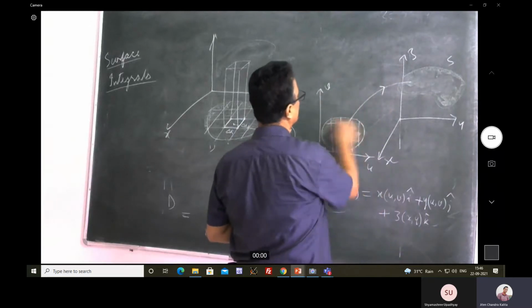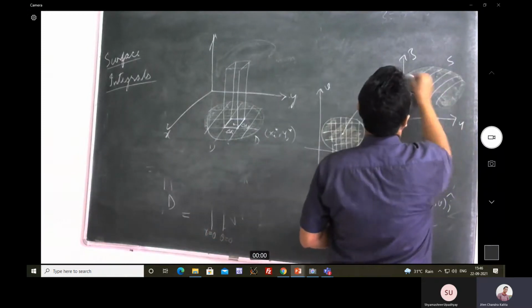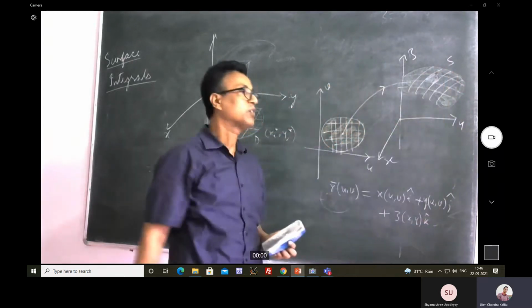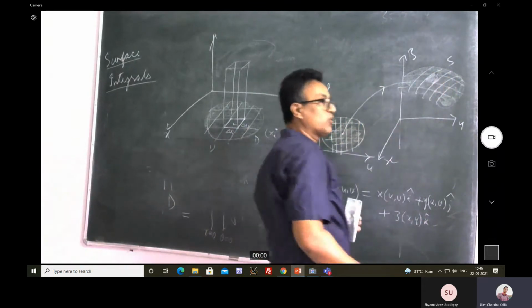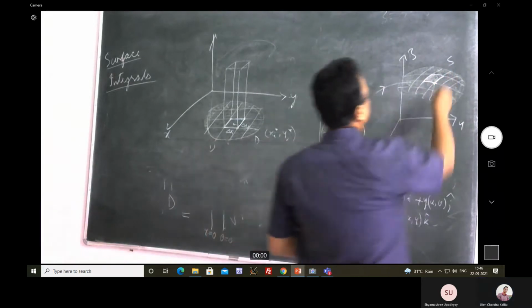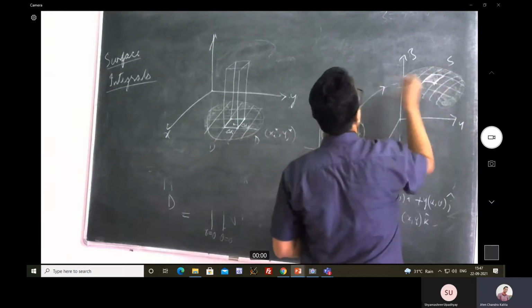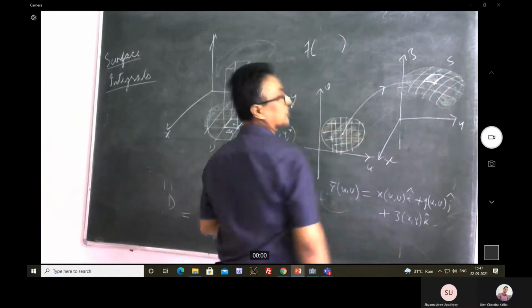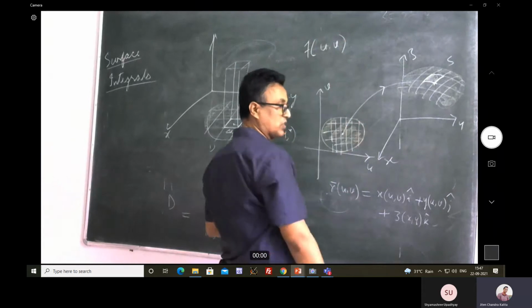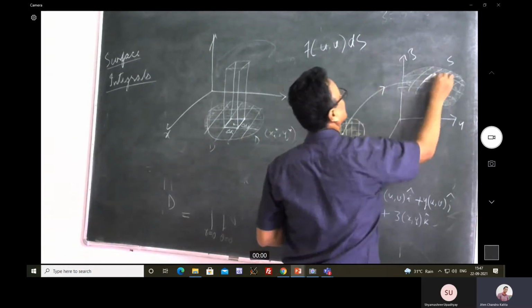Corresponding to these subrectangles, you are going to have some curved patches, since these subrectangles are not planar on the surface of S. But we are simply going to consider the area of these subrectangles, and the function, which we can eventually convert into a function of u and v, I am simply going to multiply by the area of these subrectangles.